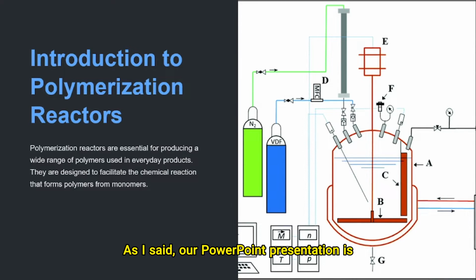As I said, our PowerPoint presentation is about introducing polymerization reactors and exploring the different types of reactors available, along with general design principles. It's important to understand why we need polymerization reactors in our processes. These reactors actually play a vital role in producing a diverse range of polymers that are used in everyday products.